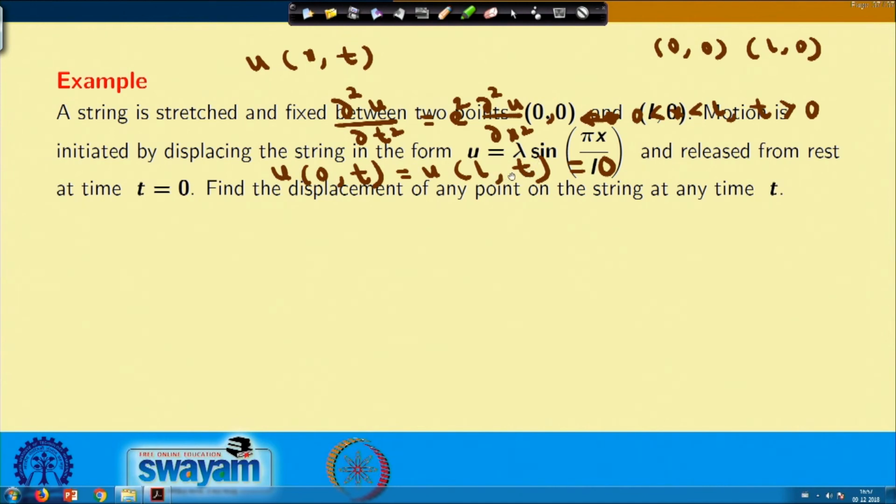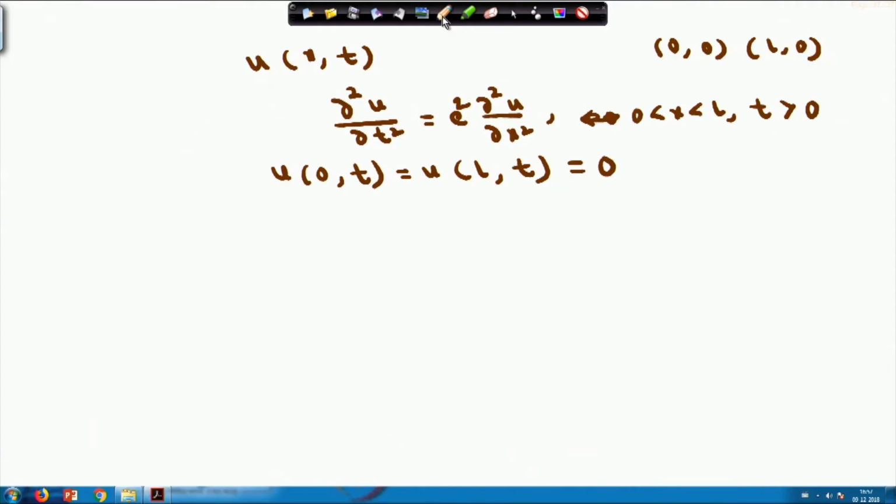in the form u equals lambda sin(pi x by L) and released from rest at t equals 0. Therefore, the other condition will be u(x,0) equals lambda sin(pi x by L).